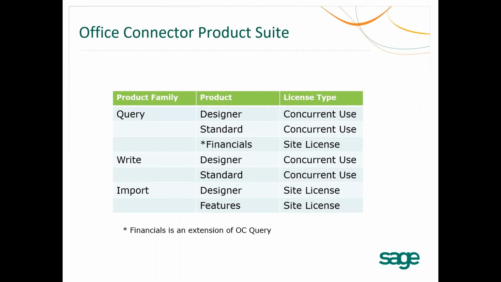Notice it says on the importing that it's a site license. Some people misunderstand that, and they misunderstand the differences between writing and importing. Going back to that spreadsheet I just ended with, there were statuses, like the date or the status, like unstarted or in progress or whatever. To change those in Sage, that's the write capability.